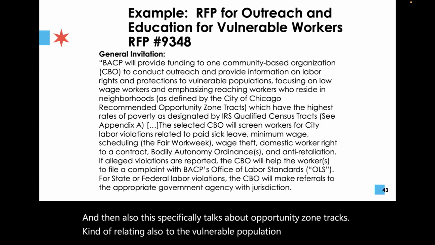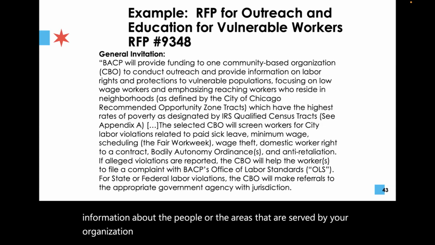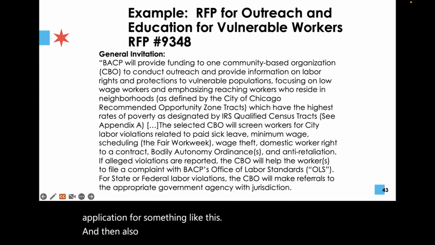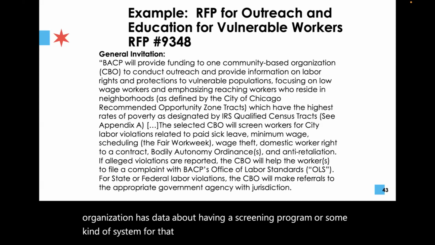So having information about the people or the areas that are served by your organization can be really important for strengthening your application for something like this. And then also your organization will screen workers. So if your organization has data about having a screening program or some kind of system for that, then having that data would be really helpful.